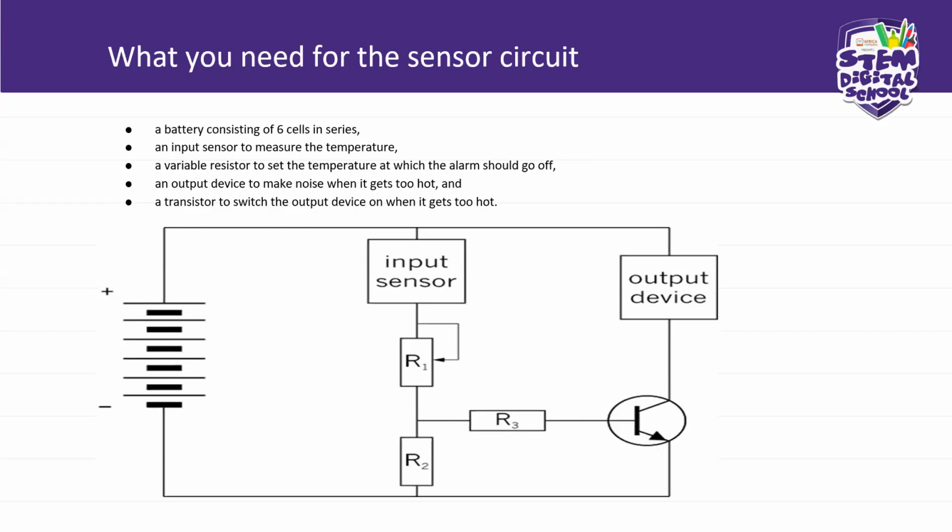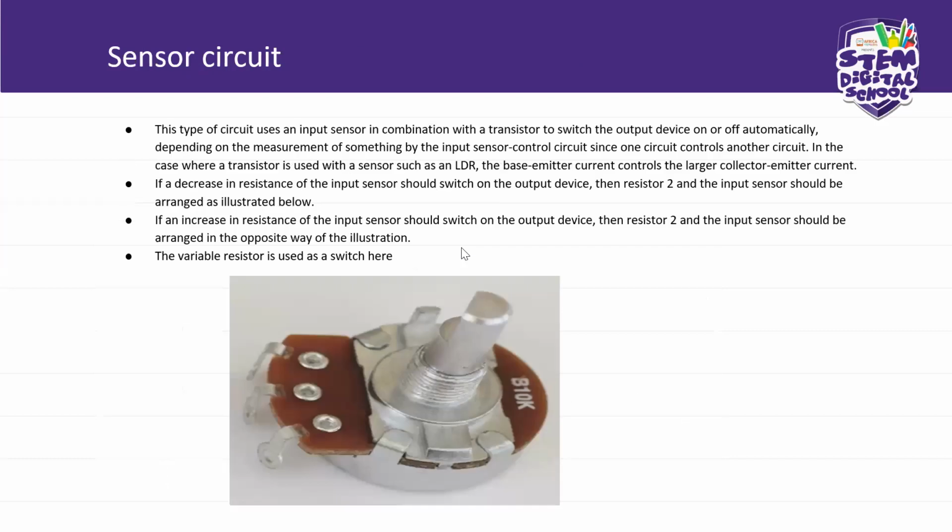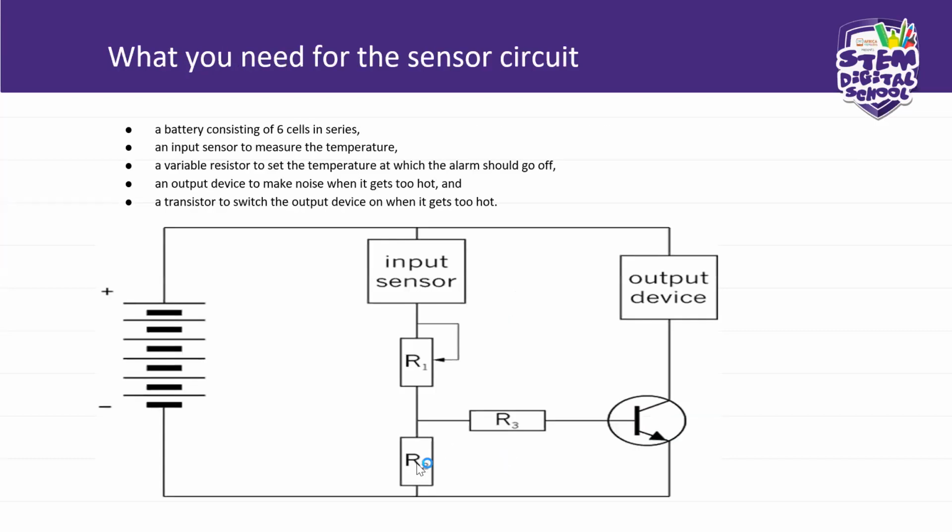Okay, remember, a transistor has 3 legs. You remember I showed you the picture of a transistor. A transistor has 3 legs. So the middle leg is the base, this leg is the collector, and this leg is the emitter. So as we explained here, your resistor 2 is connected to the emitter.